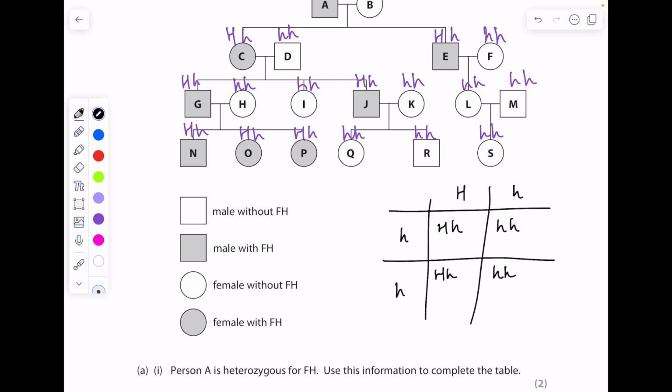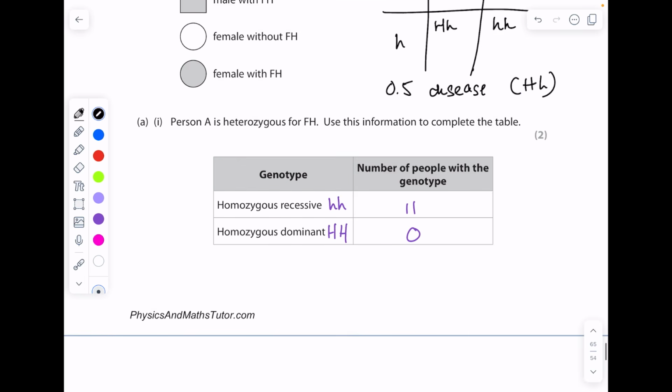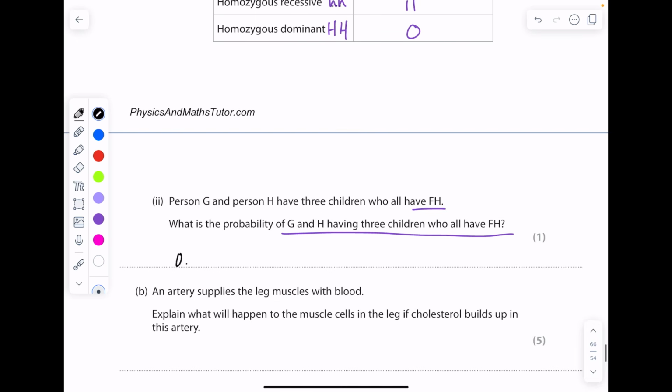So these two people here will be diseased, so 0.5 chance of having the disease because they have this genotype. So in order to work out the chance of them all having FH, because it's probability in maths, remember if it's person 1 and person 2 and person 3, you need to multiply that probability 3 times to get 0.125 as your answer.